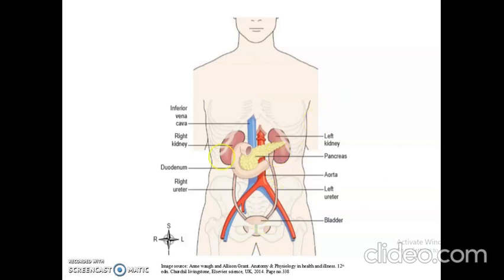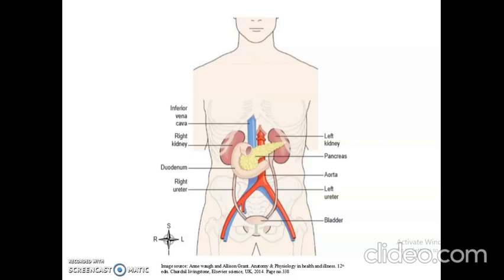Let us discuss the kidneys. Both kidneys are located in the abdominal cavity, in the upper part of the abdominal cavity. They are attached to the posterior wall of the abdomen with the help of adipose tissue. Let us discuss the size, shape and weight of the kidneys.